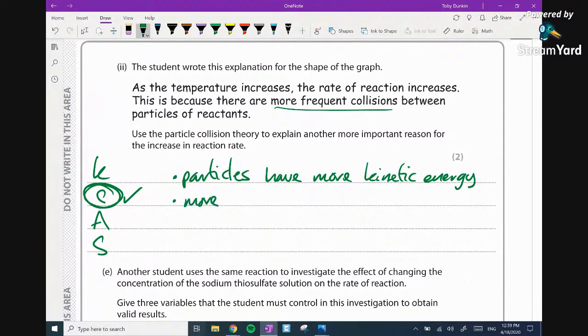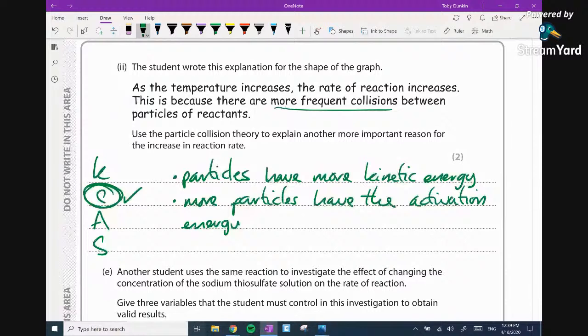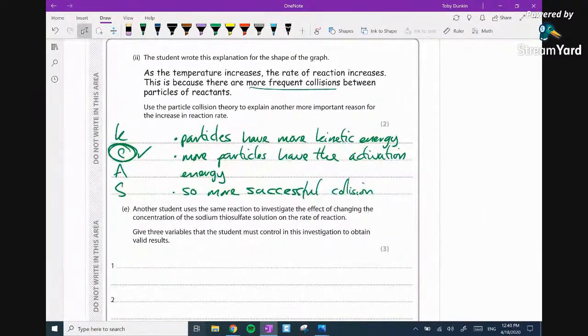More particles have the activation energy. So more successful collisions. I like that question. That's quite nice. Successful collisions. Isn't that lovely? They're actually just taking out a section of the question and making us run the other three.